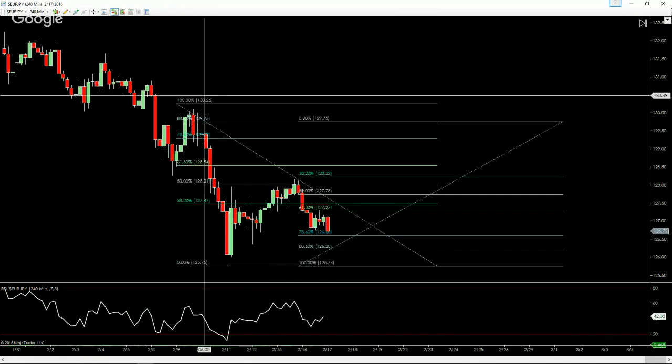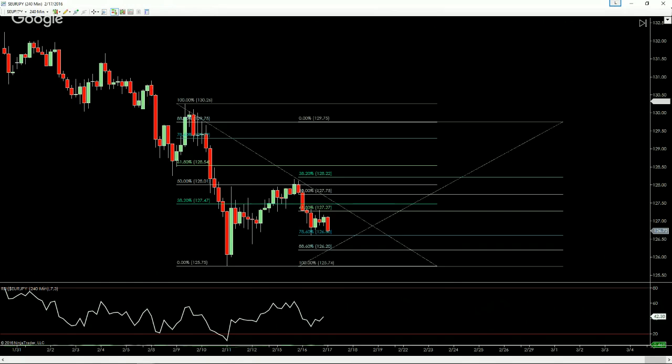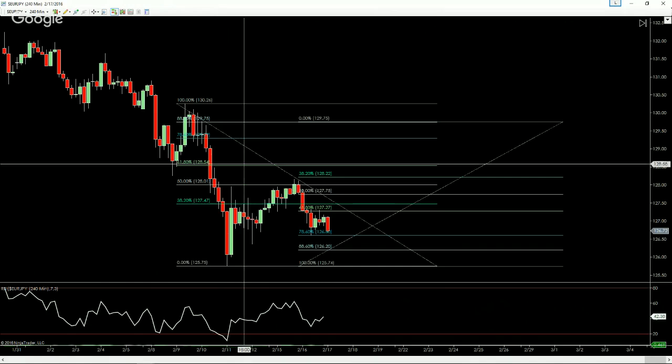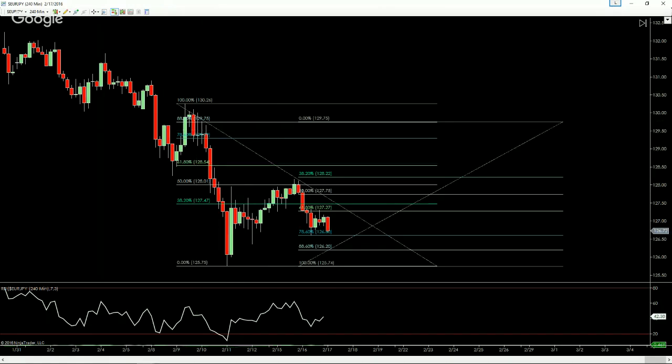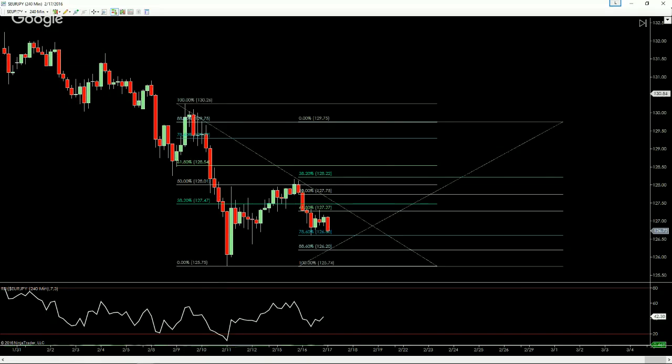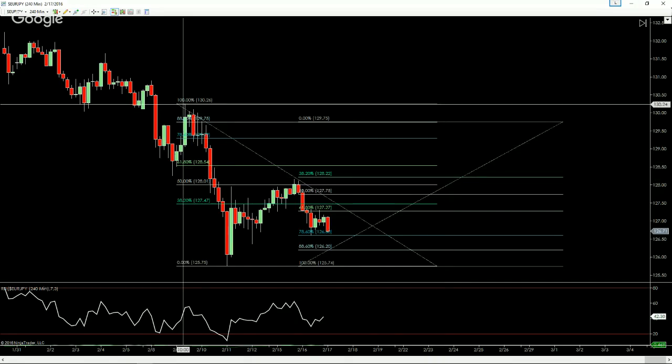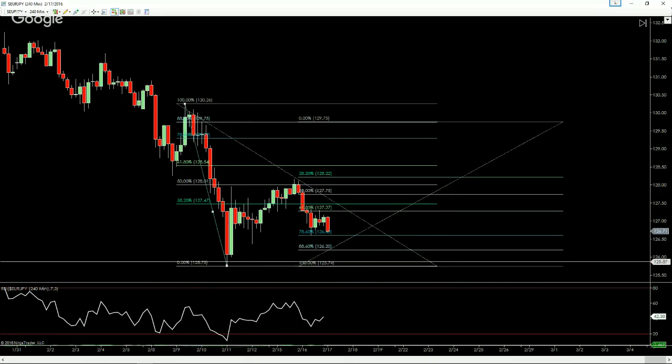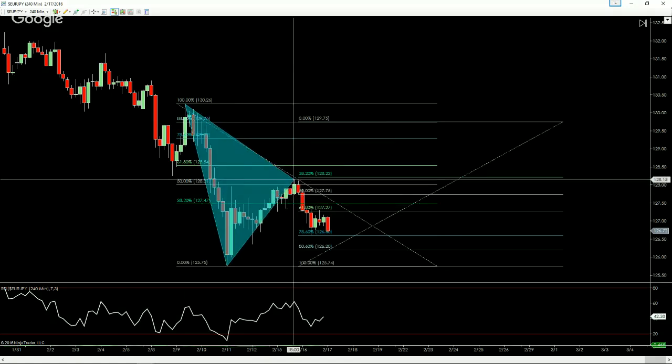That means that stops would actually be pretty high also. So risk on this trade, you want to be careful if you'll be able to take this trade, because risk would be a little bit more than 100 pips of risk.